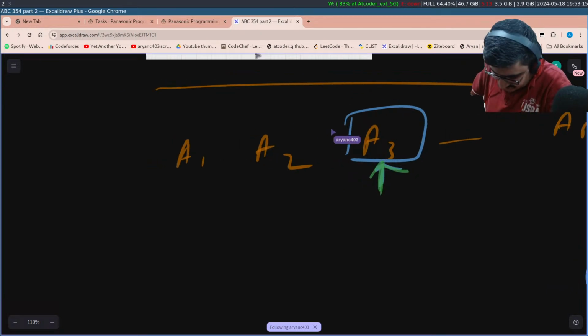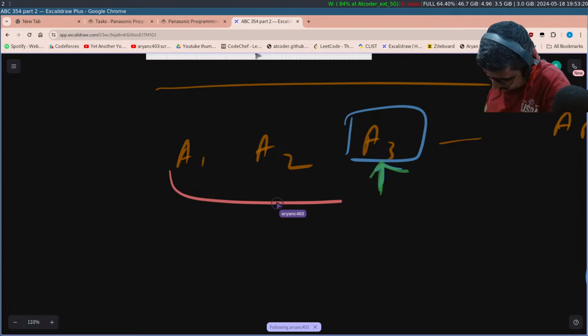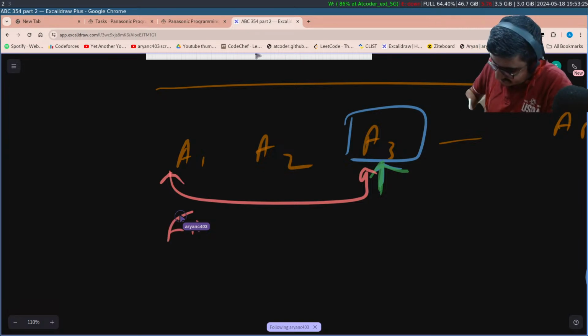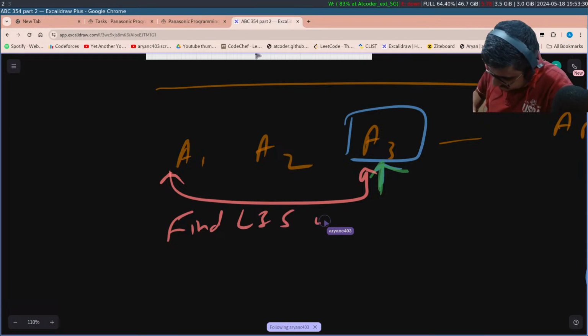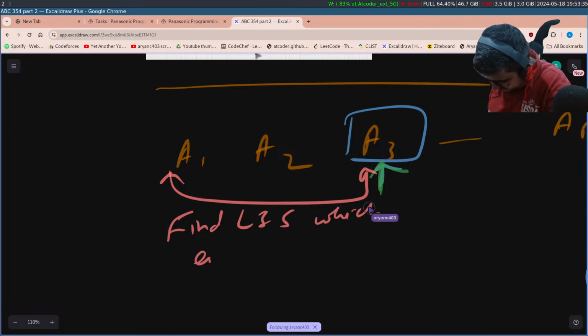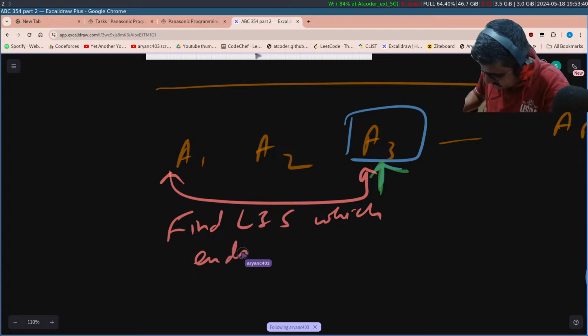I can first find the longest increasing sequence in this part which ends at i equal to 3, and I also find the longest increasing sequence here which starts at i equal to 3.